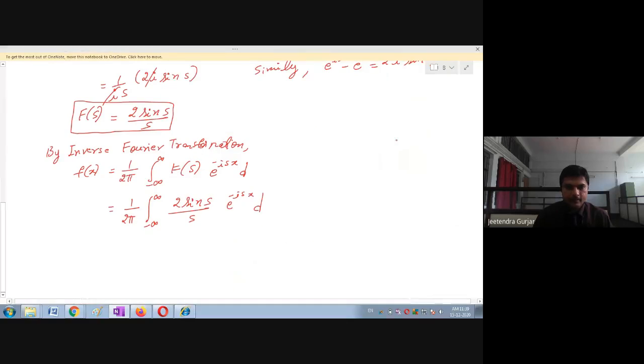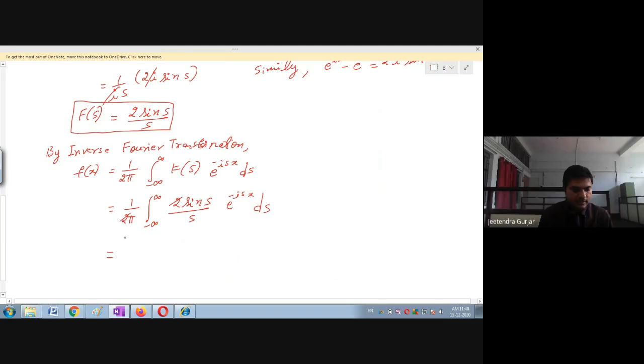Yes, very good. So it is ds, because this function we have taken f of s. When the function is representing s, the integration must be ds. Very good, thank you.